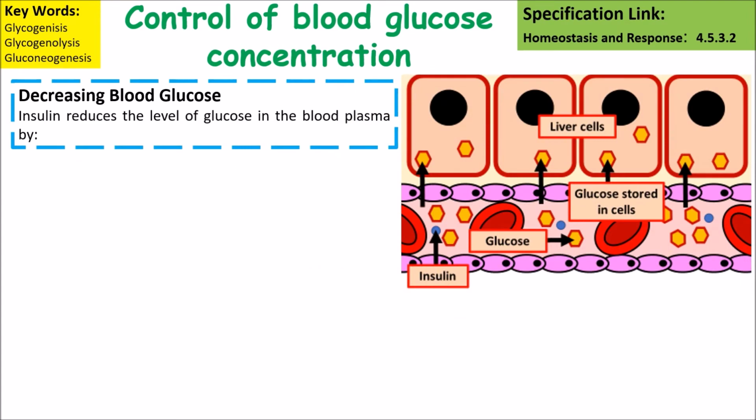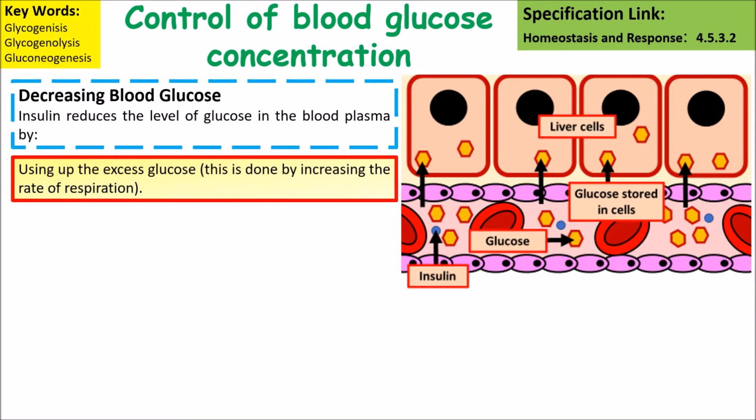So if we look at the physical process of decreasing blood glucose, to start off with, using the excess glucose that is being transported in the blood will reduce the blood glucose.